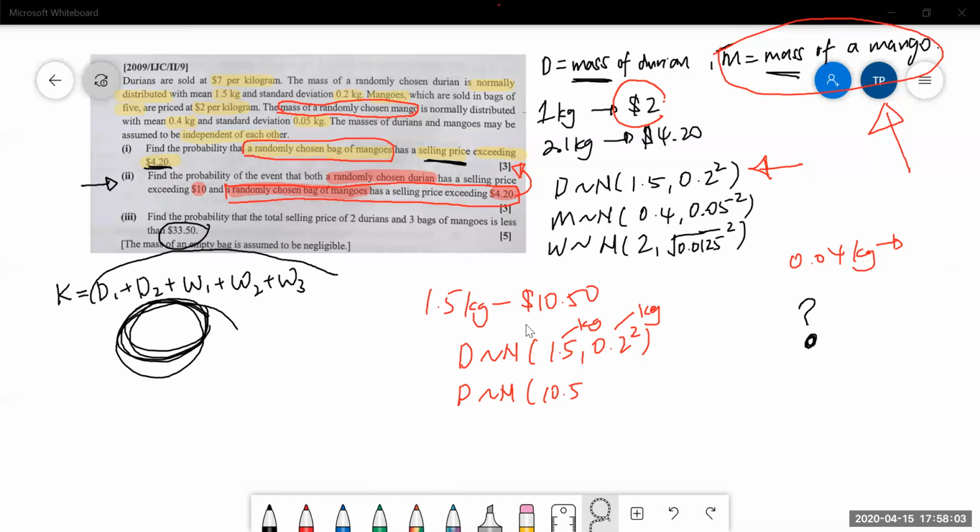Wait, what the heck? Why are my numbers like this? Can you give me 2 minutes? You calculate first. If not, you can check with your solution first, because I want to know how they find the variance. I don't understand how they find the variance.